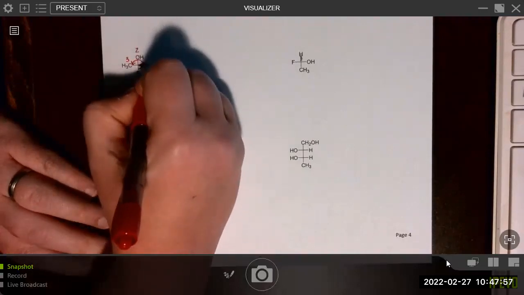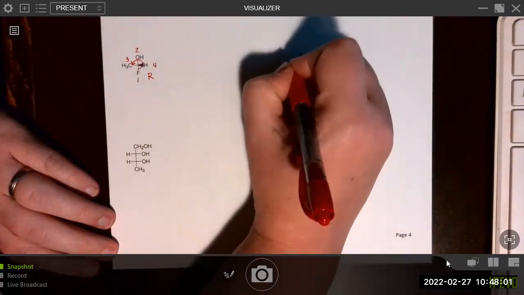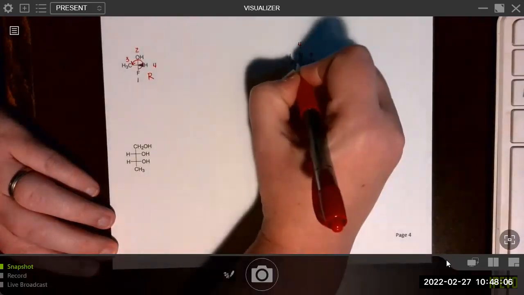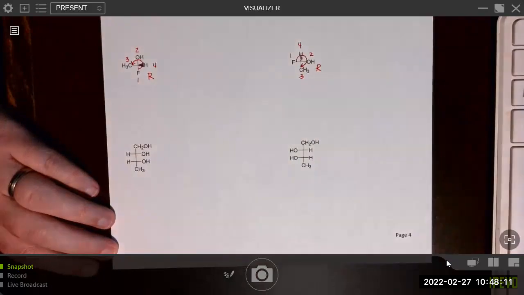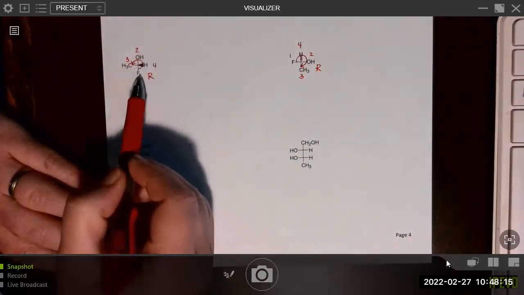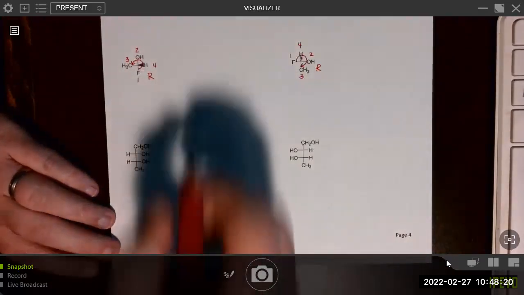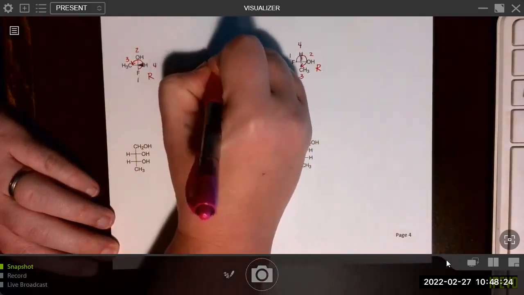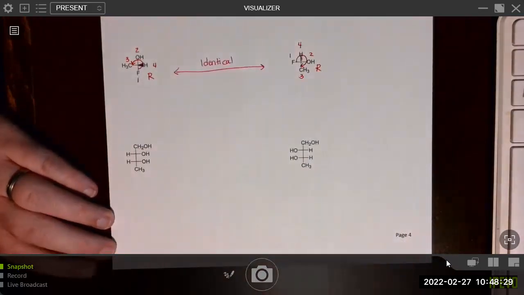This is R. And then over here, priorities are 1, 2, 3, 4. If my fourth priority group is pointed back, I can just do a clockwise is R relationship. So notice that they're the same groups, OH, methyl, chlorine, hydrogen, same over here. So then these are related as identical. They're identical structures. We know that because the configuration is the same.